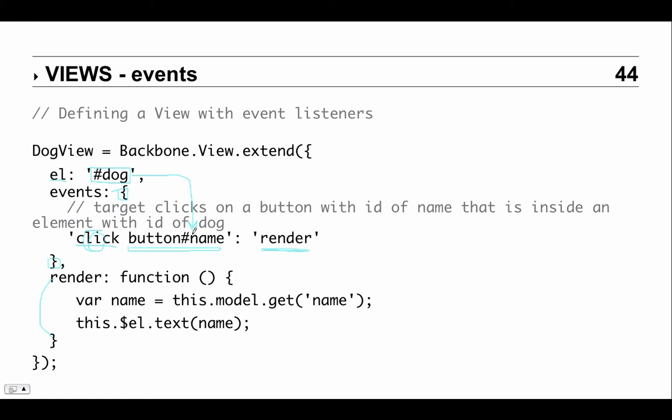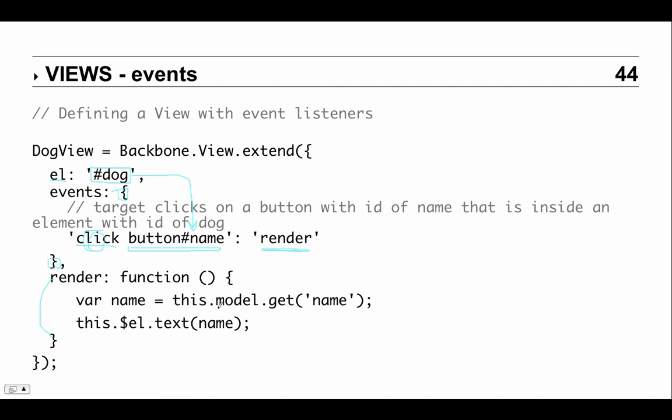Okay, so whenever we click the button with the ID of name that's inside of the element with the ID of dog, it's going to then run the render method, which will create a variable called name. And that's going to be set equal to this.model.getName.